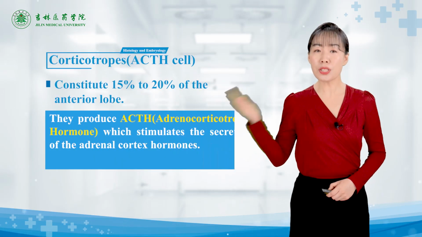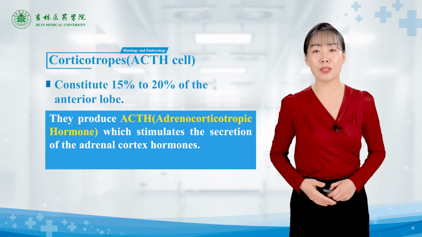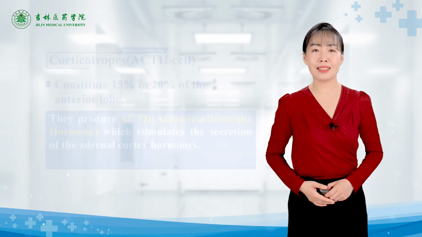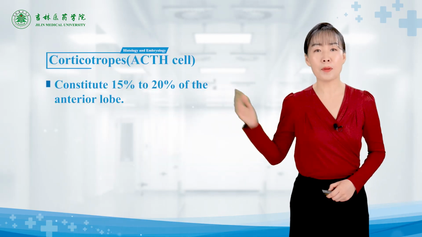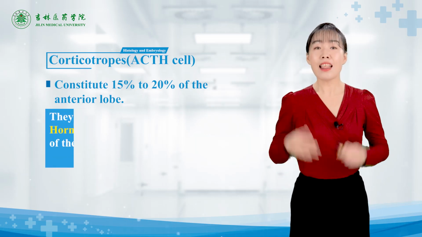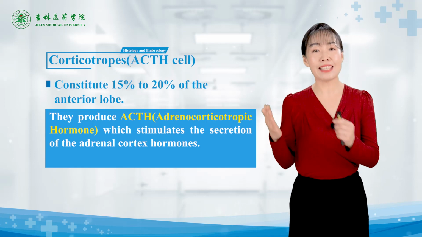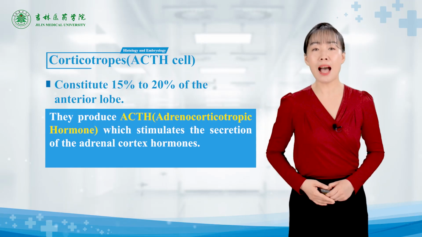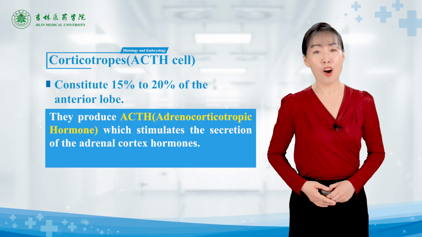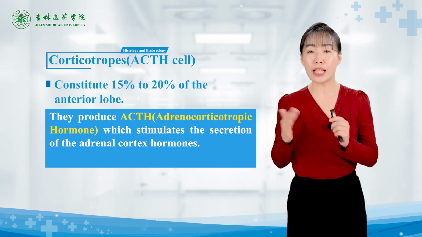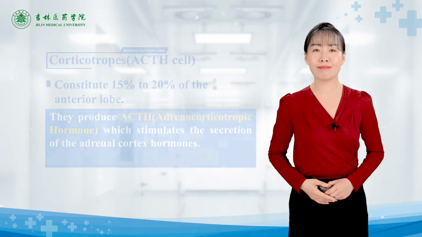They produce ACTH, which stimulates the secretion of adrenal cortex hormones. Last type, gonadotropes. They secrete FSH, follicle stimulating hormone, and LH, luteinizing hormone. FSH and LH also can be secreted by the same cell.